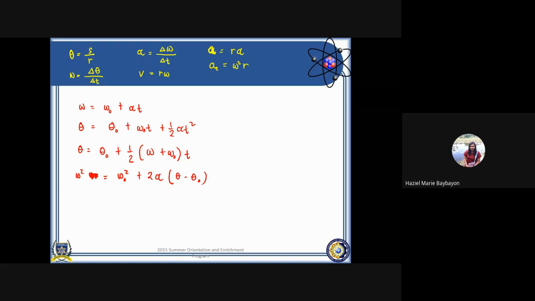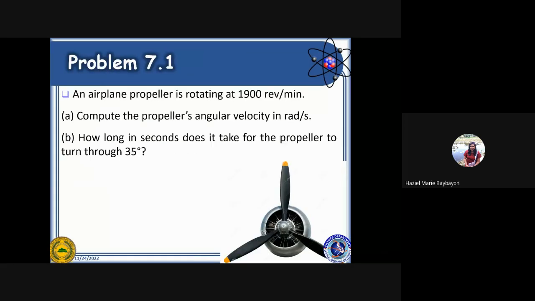Okay, so let us use these equations to solve the following problem. Starting with this one, again, here we are given the angular velocity omega, but it is given in revolutions per minute. Now, you have to take note that one revolution, one whole circle, is equivalent to 360 degrees, and 360 degrees is equal to 2 pi radians.